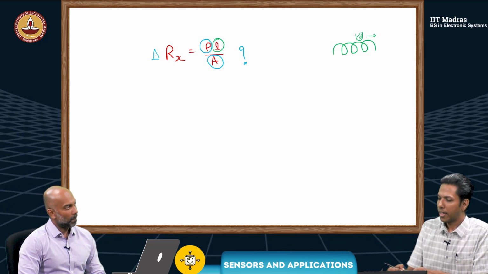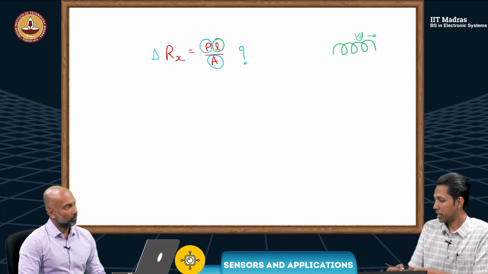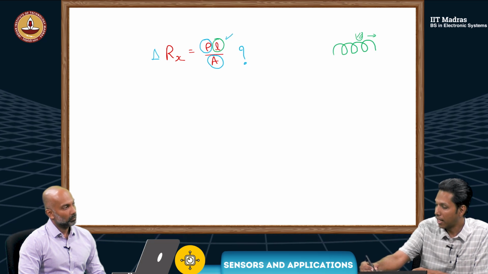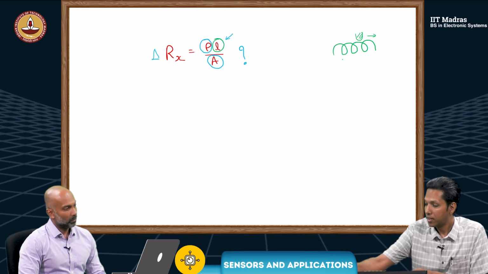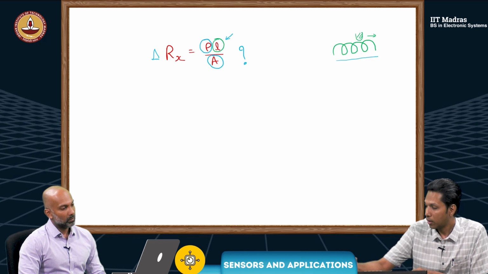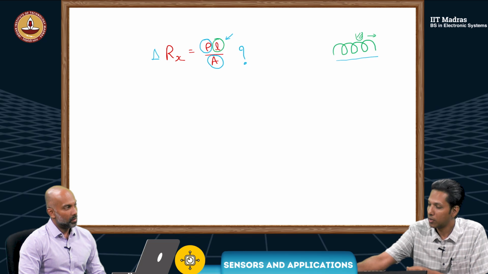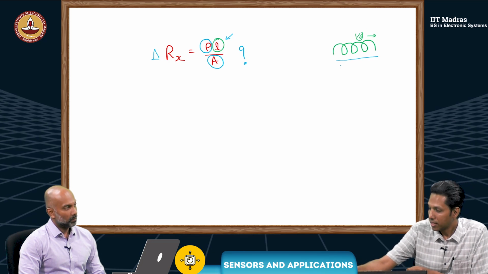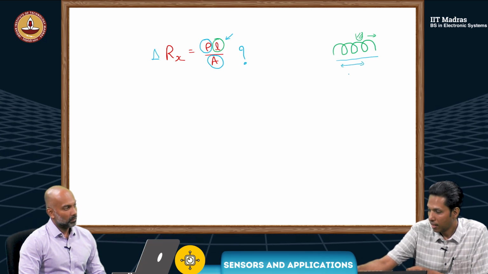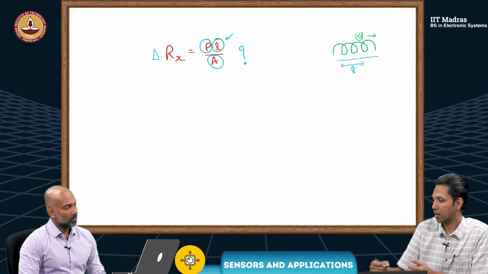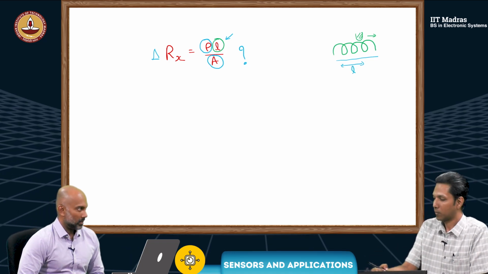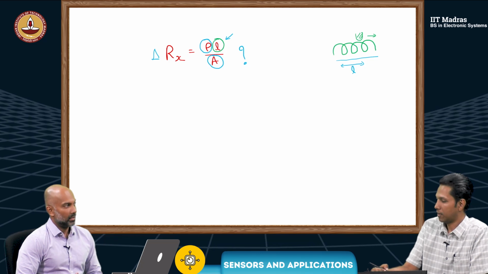And as you said, if you want to look at maybe L alone, even here we did not actually change the dimension. You have a wiper that essentially changed the length, or active length, indirectly.